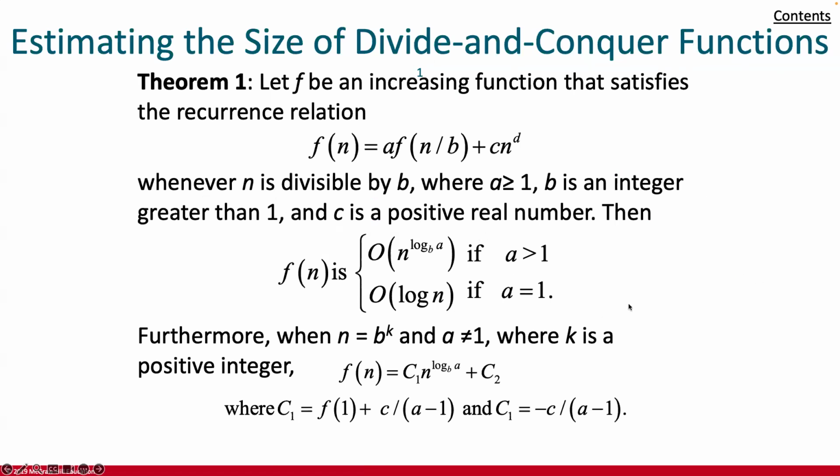We can see that we have different cases of big O complexity. Further, when n is equal to b to the k power, where k is a positive integer, then we have this kind of relationship laid out.